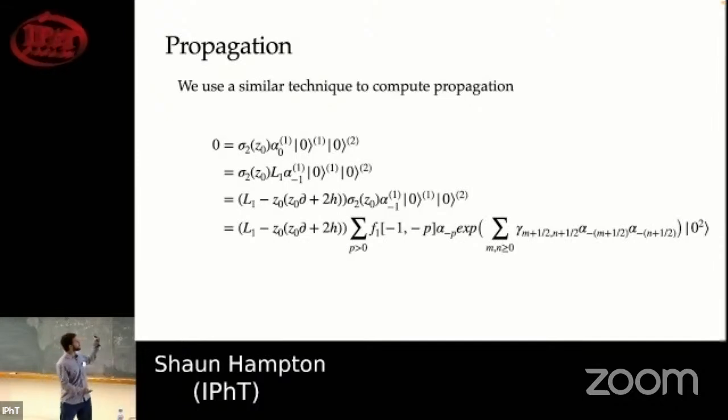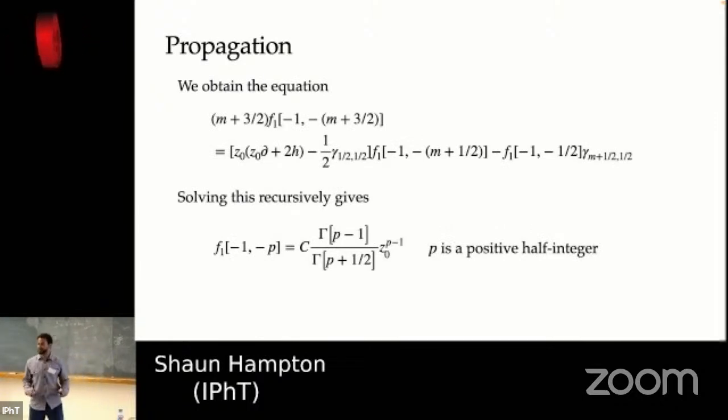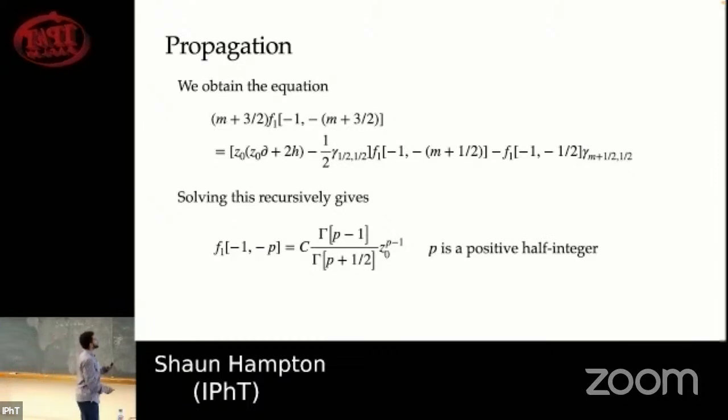I move the L1 through to the other side, and I obtain this equation here. I can apply this operator on this state here. And when the dust settles, after some calculation, you obtain again another consistency equation, which you can solve recursively.